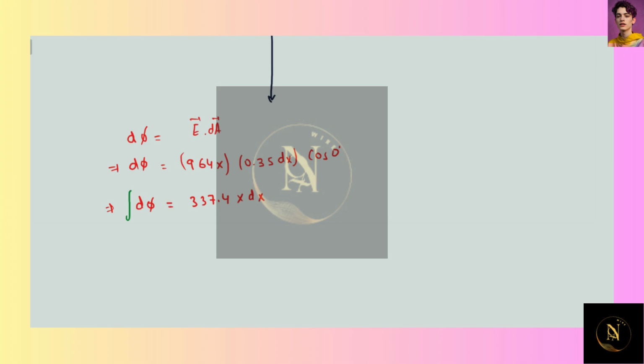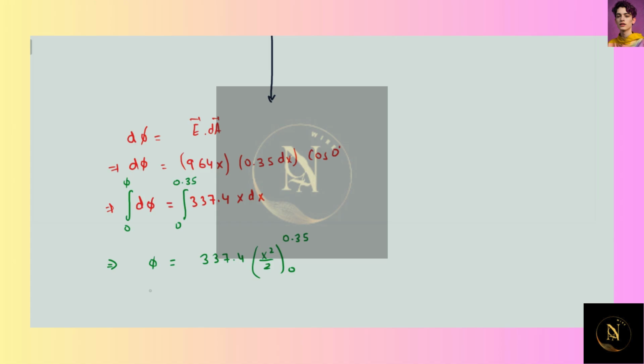So the total flux is going to be, we integrate both sides, and the values of x are from 0 to 0.35. The total flux is equal to 337.4 times the integration of x, which is x squared over 2, with the limits from 0 to 0.35.